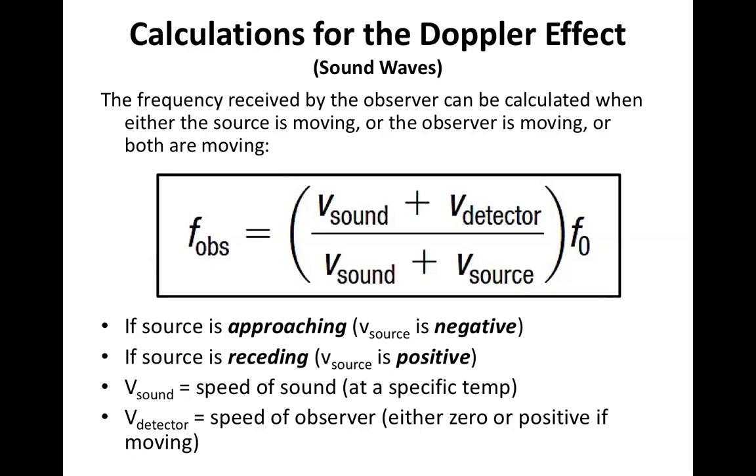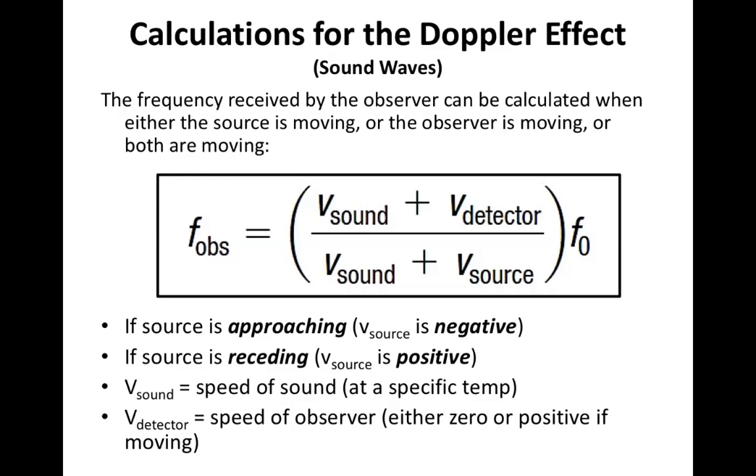The thing about using this equation in this form, though, you just have to note that sometimes V source is negative. V source is negative if the source is approaching the observer. V source is positive if you're receding, if you're going away from the observer.